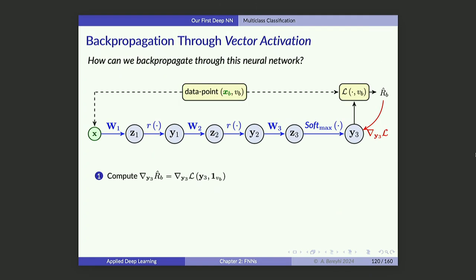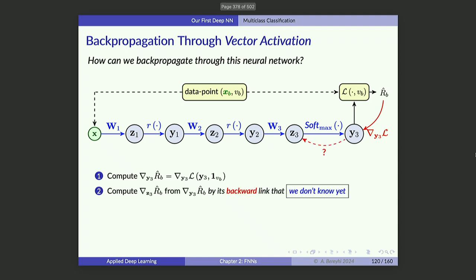And then the next thing that you get from y3 to z3, right? Oops, we don't know that one yet, right? So this is one thing that is missing yet. So we need to learn it. This is the last bit. But if I do know how I can get from y3 to z3, meaning that starting from the gradient of the loss, or this r hat, with respect to y3, if I do know how to get back to the gradient of the loss with respect to z3, then everything else is obvious for me, right?